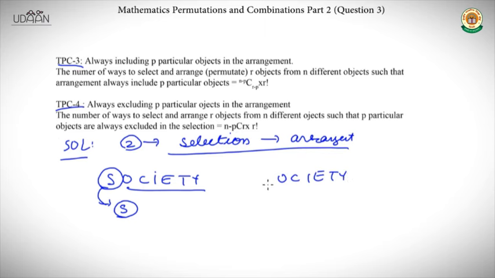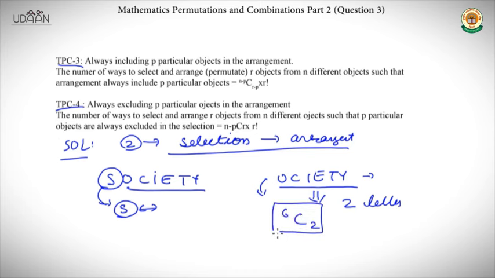The selection part is actually TPC1, where we had to always select a particular number of objects. So this question is an extension of TPC1, such that we have to arrange them also. Now we have to select two letters from the remaining 6. The number of ways to select 2 letters from the rest of the 6 is 6C2.